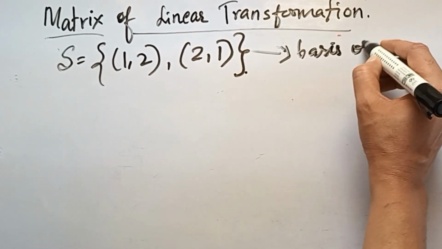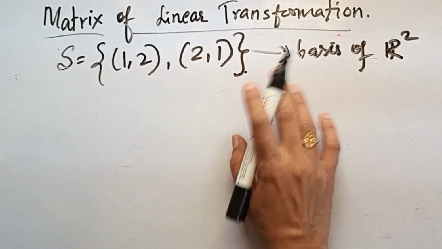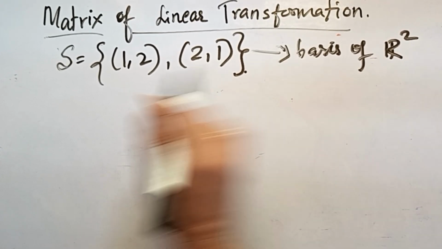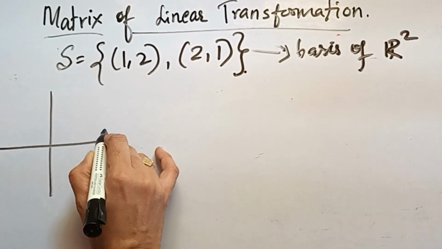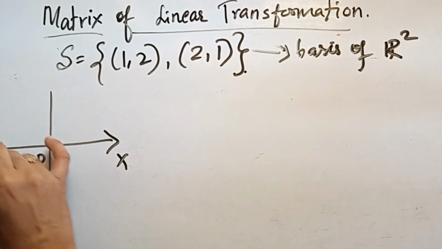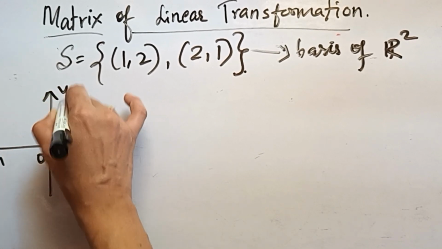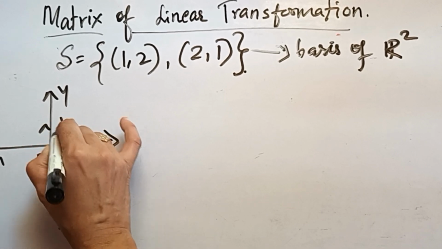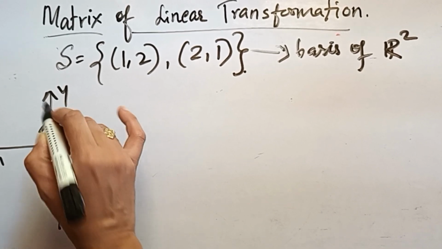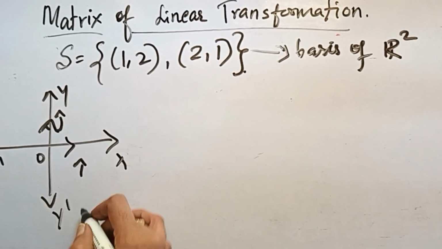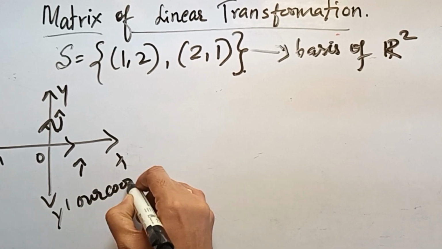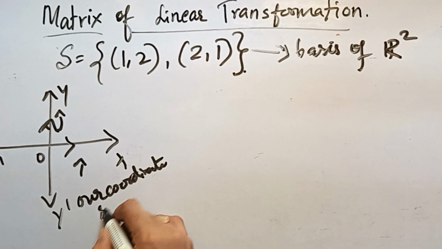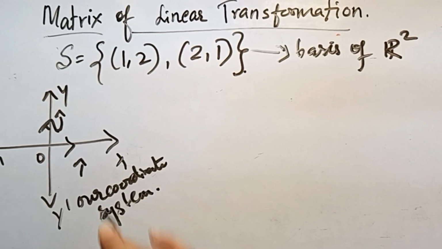So whatever I am giving example here, all are related to the vector space R square over R. So we had the standard coordinate system where we were checking where i cap and j cap lands after applying the transformation. This is standard coordinate system. Here we are using the standard basis. We call it as our coordinate system. So because we are using this coordinate system most of the time, standard coordinate system.